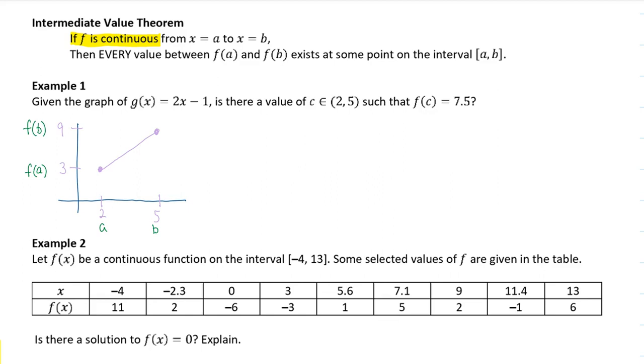And the reason it exists is because f is continuous. And this could happen with another function, even if it's a curve like that, and I could show that this is 3 and this is 9 again, then every y value between 3 and 9 exists because my function is continuous.